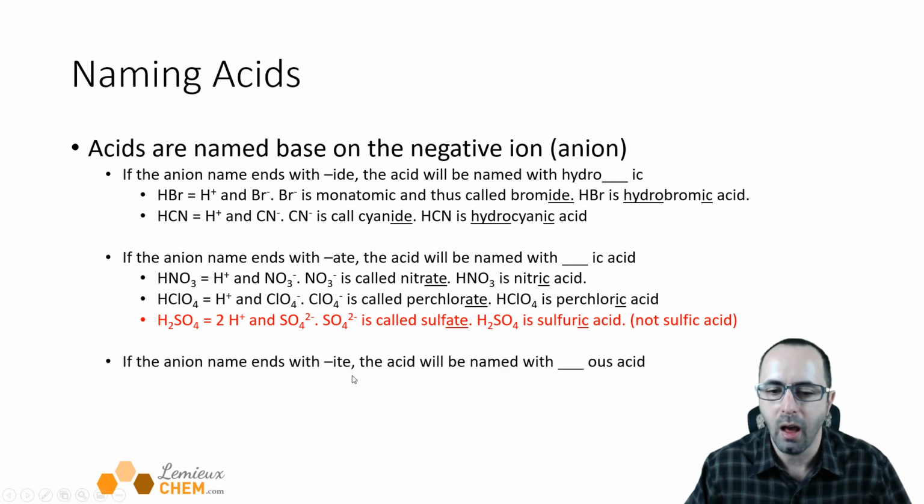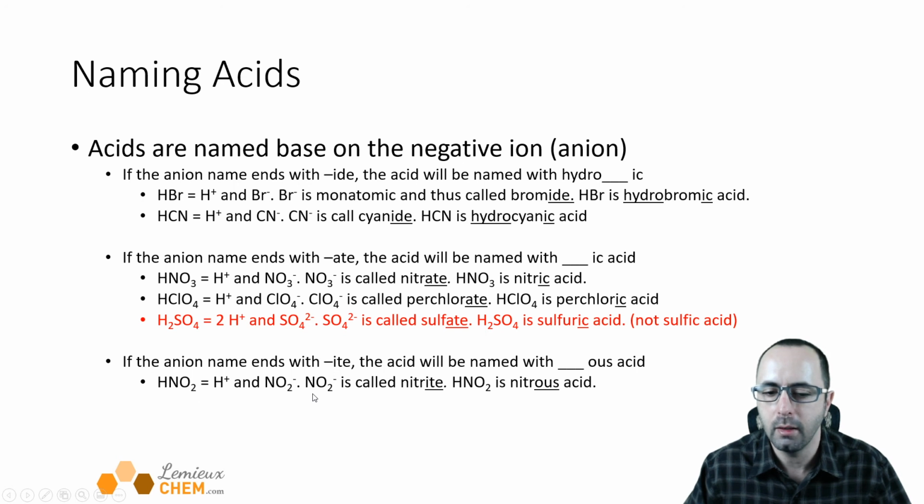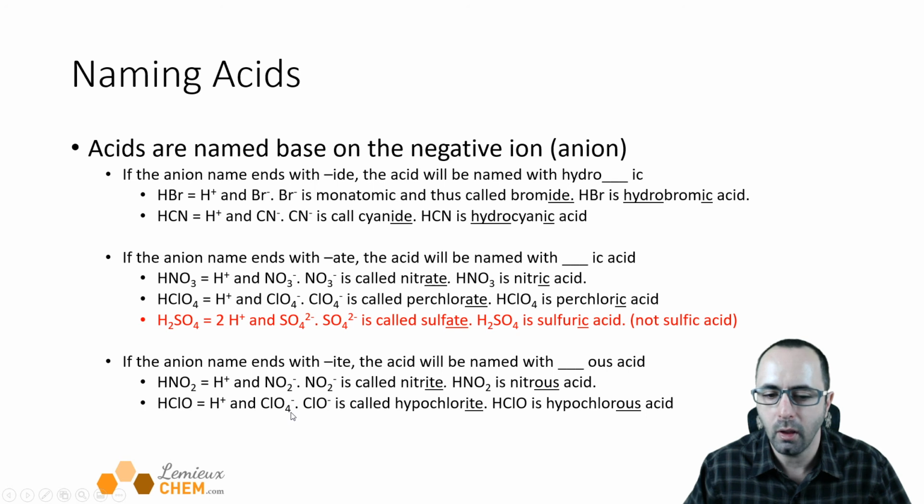If the name ends with ite for the anion, the negative ion, it's a polyatomic ion that ends with ite. The acid's name ends with ous. So HNO2 has an NO2 minus ion in it. That is called nitrite. And so the name of the acid HNO2 is nitrous acid. HClO, that has H plus ion and, not ClO4, ClO.